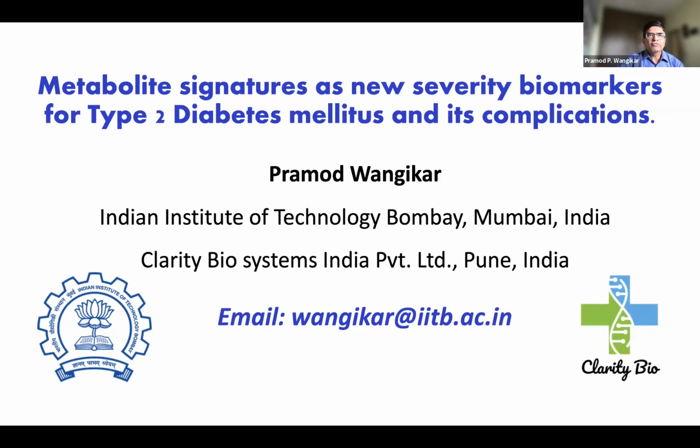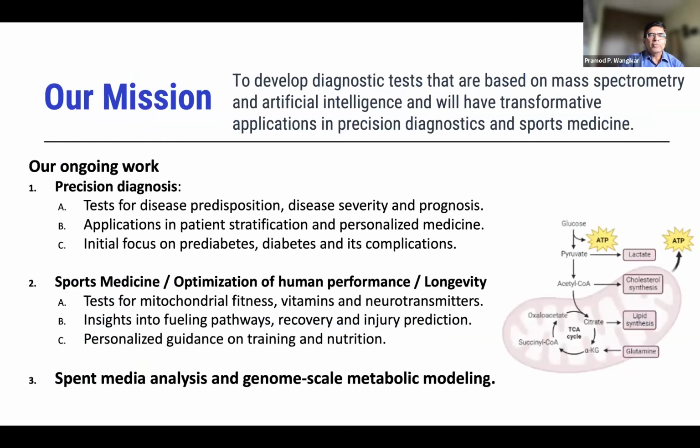Now, fast forward 10 years later, we are working on human metabolomics. This is a bit of a diversification compared to what we were doing earlier. In human metabolomics, our objective is primarily developing new diagnostic tests based on mass spectrometry and artificial intelligence.